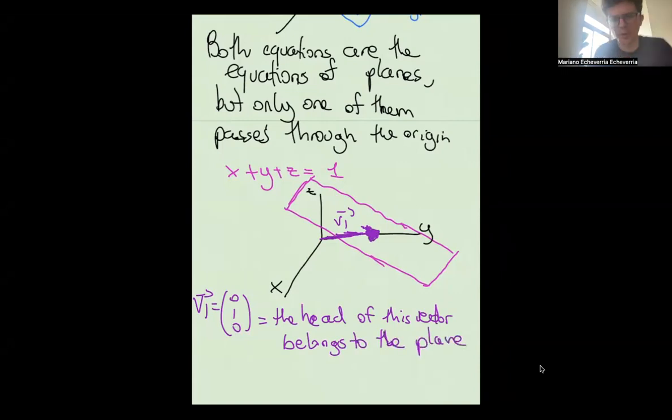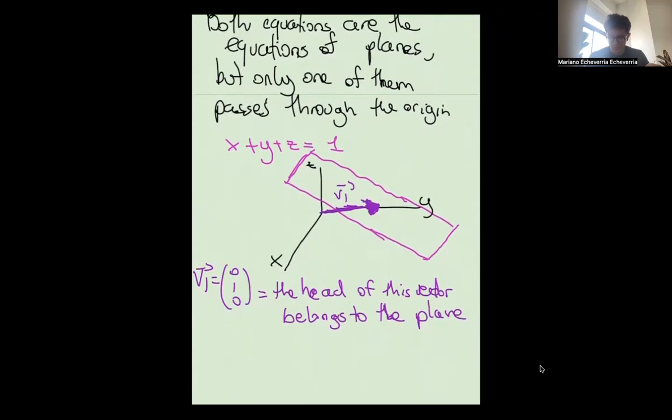If you remember what these vectors represented, this vector starts at the origin and ends at the point 0, 1, 0. This is why it belongs to the plane: the condition for being in the plane is that if you add x with y with z, you get 1.